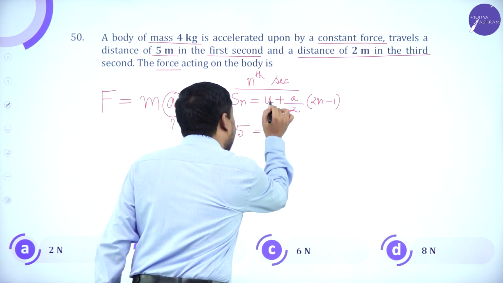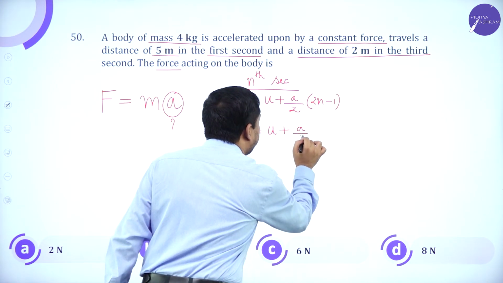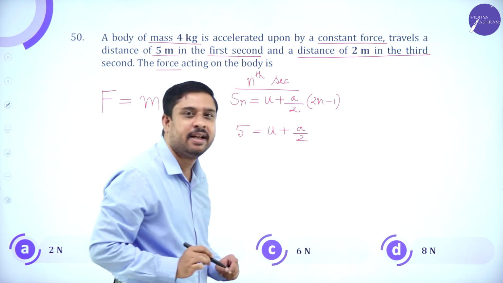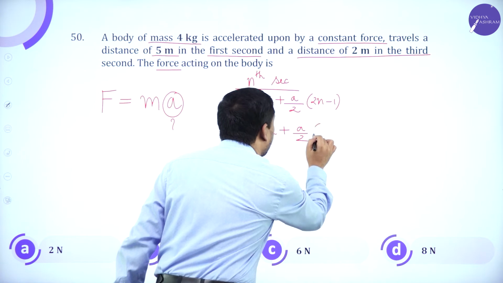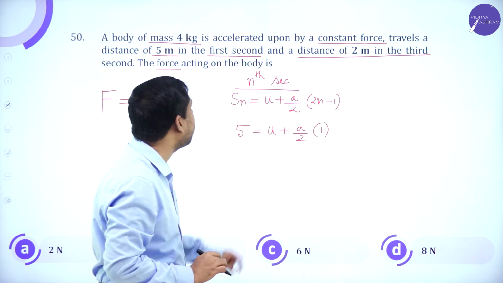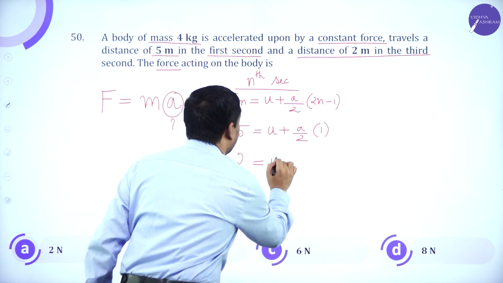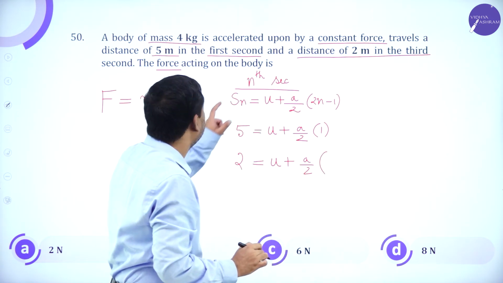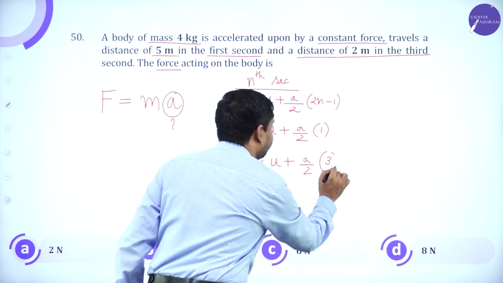In the first case, the distance traveled is 5, so I keep u plus a by 2. In the first second, n turns out to be 1, so 2 minus 1 is 1. Second case, distance traveled is 2. Again, u plus a by 2 into 2 into 2, 4 minus 1.